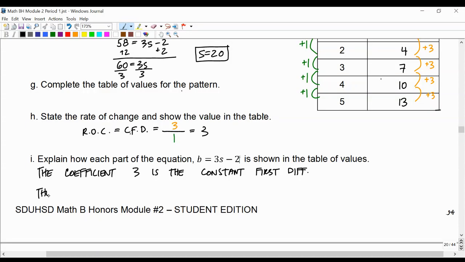And the constant -2 is the point 0, -2 up at the top of that table. Wasn't actually there, but we included it.